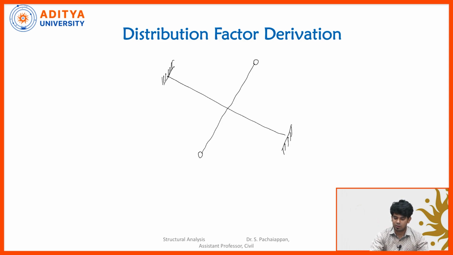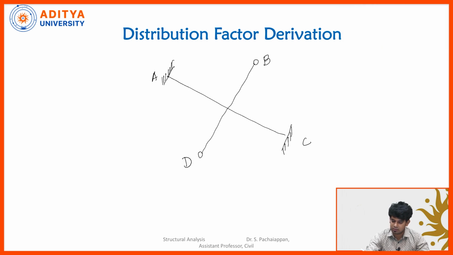Let's give some names: A, B, C and D. Now, in order to derive the distribution factor, it is the ratio of moment applied and moment produced. In simple terms, it is the ratio of moment applied and moment produced.